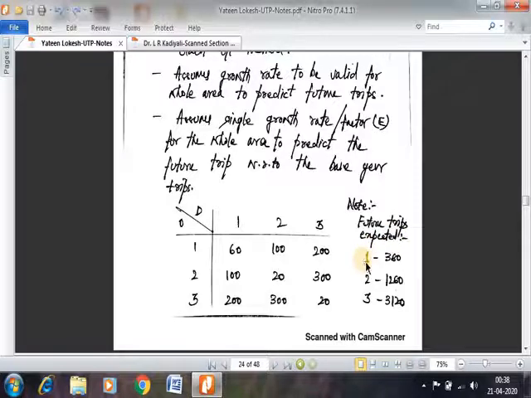In zone 1, the future trip that might be expected is given as 360. For zone 2 it is given as 1260 and for zone 3 it is 3120. So these are the future trips that are expected to happen in all these zones. With this target future trip, we are going to do the trip distribution analysis.